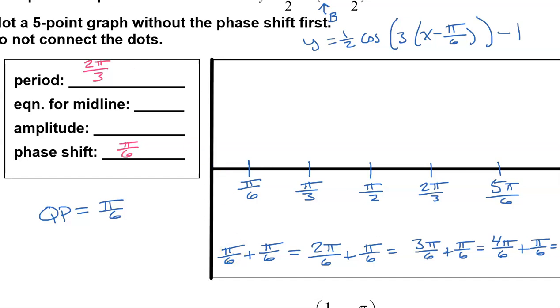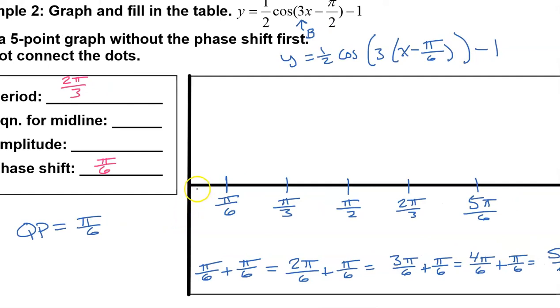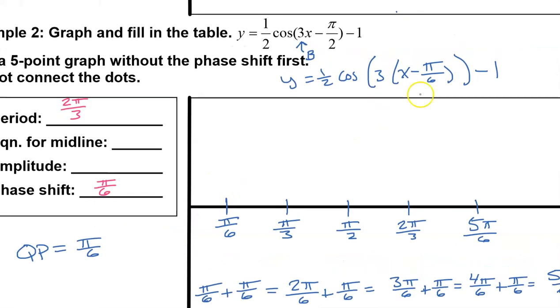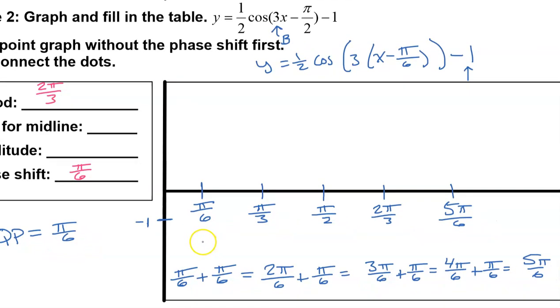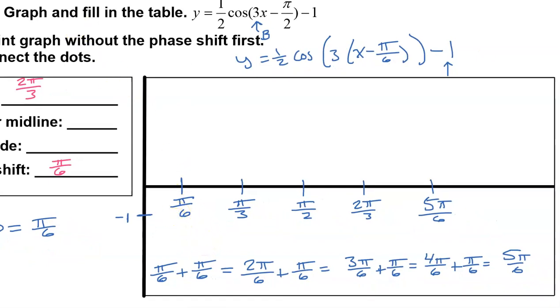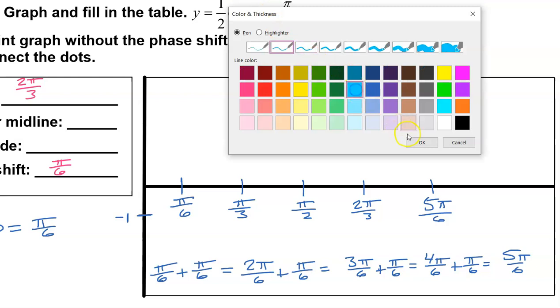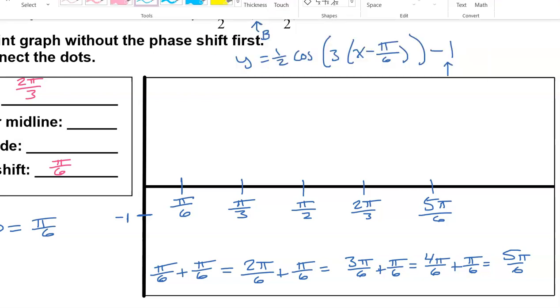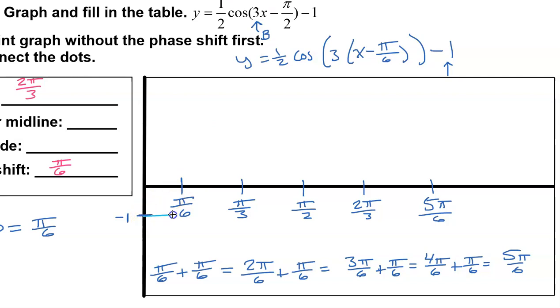I'm going to need the y-axis because it's time for me to record the midline. This -1 tells me that there is a vertical shift down 1. So that's why I'm going to go down 1, which I'll put right here. So here we have -1, and this is going to be the new midline. And I'm going to put a guideline for myself to represent the new midline.